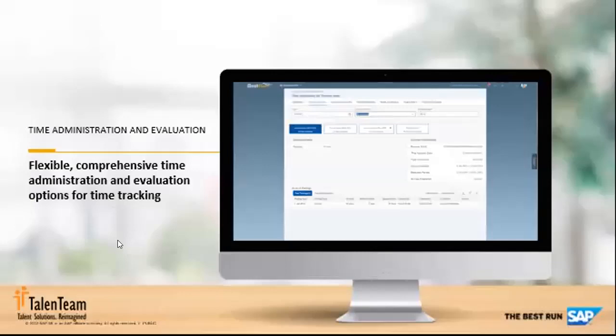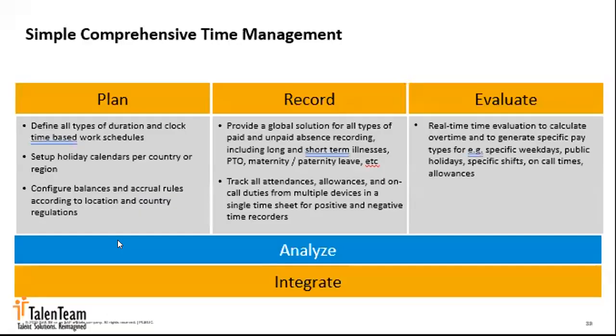Yeah, so let us see how exactly the time evaluation will run, how exactly the time types will be generated automatically, and what are the different options that we have within time tracking to generate the time types based on the time that we have recorded.